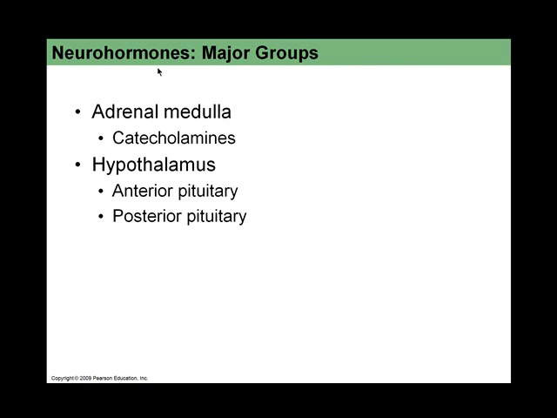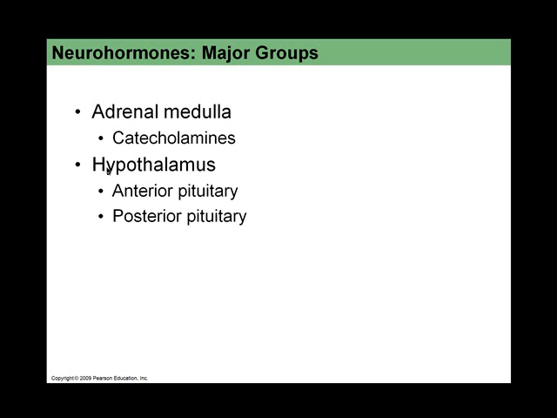Now we can begin to consider the neurohormones as major groups. So the adrenal medulla actually is a collection of cells that are of neural origin, so they can be considered as neural types of cells. So the catecholamines from the adrenal medulla, epinephrine and norepinephrine, and some dopamine gets out too, are considered neurohormones.